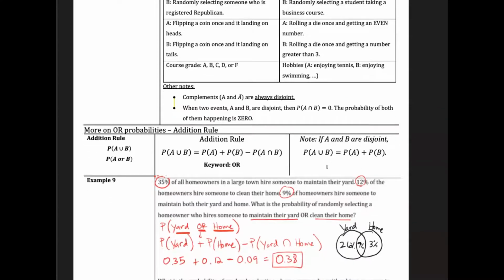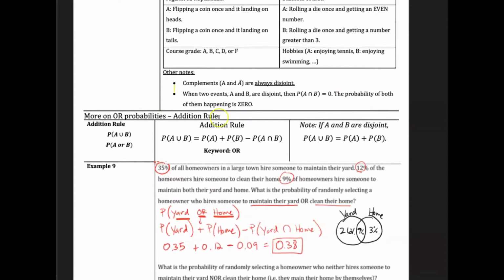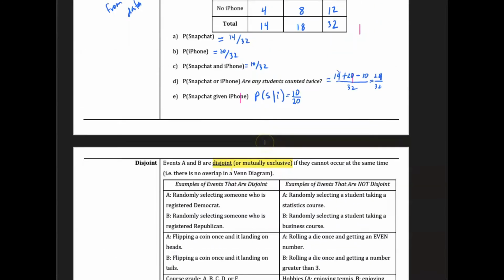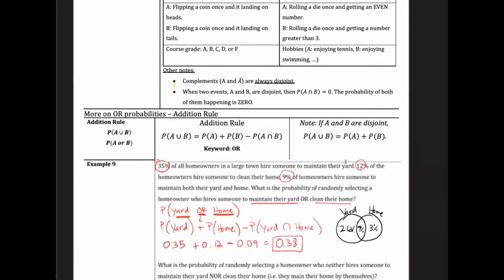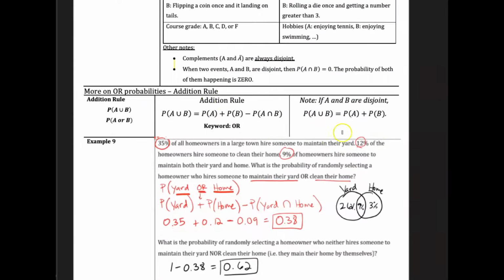That's the probability. Now here are the official rules for the union, the addition rule that we intuitively calculated up here by subtracting out. Here are the rules again. If you have events that are disjoint, then you just add them up. If the events are not disjoint, then you have to follow this.